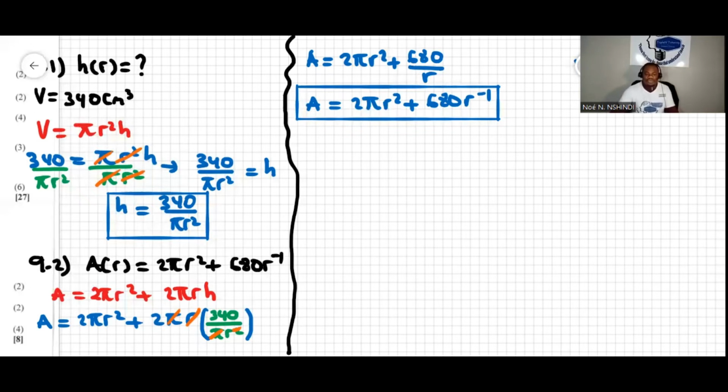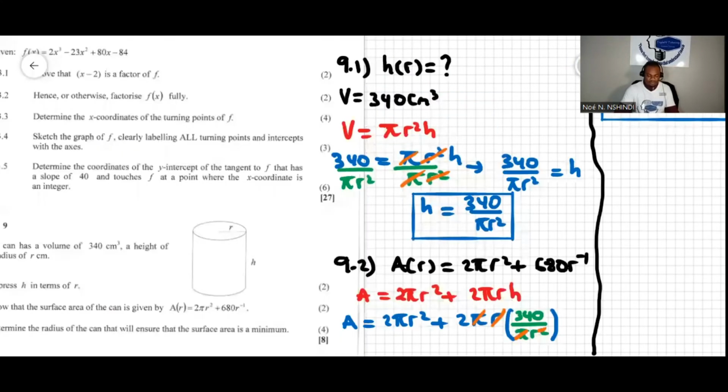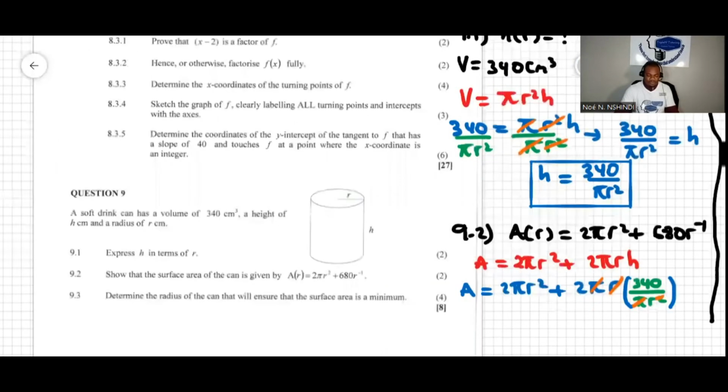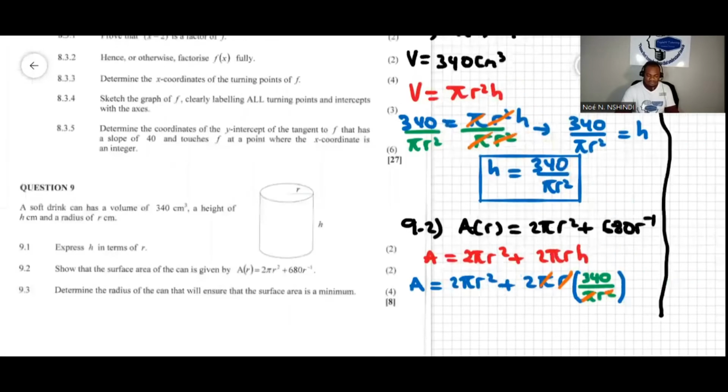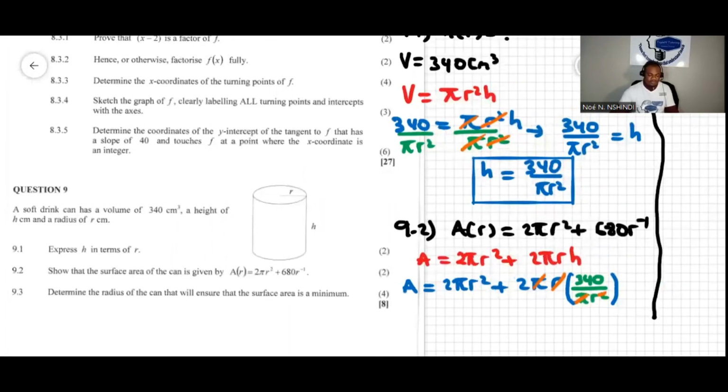Now we can also do question 9.3. We have 9.1, 9.2, and now 9.3. The question says, determine the radius of the can that will ensure that the surface area is a minimum. So we're going to determine the radius to ensure that the surface area is the minimum.